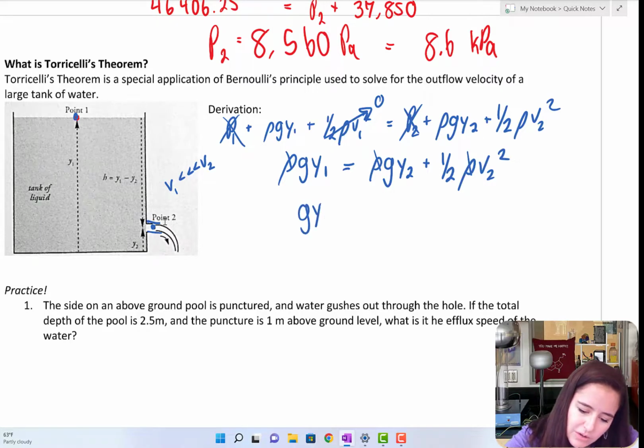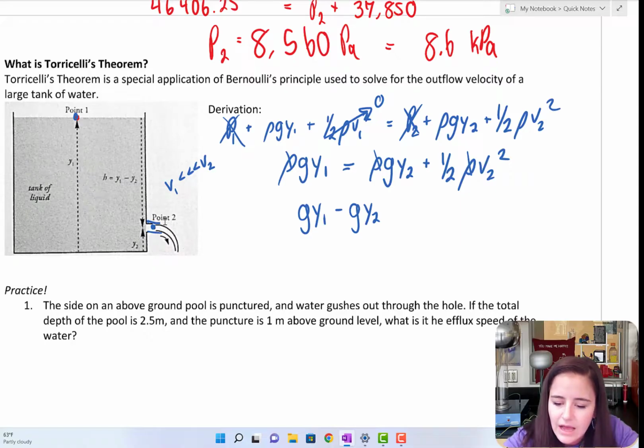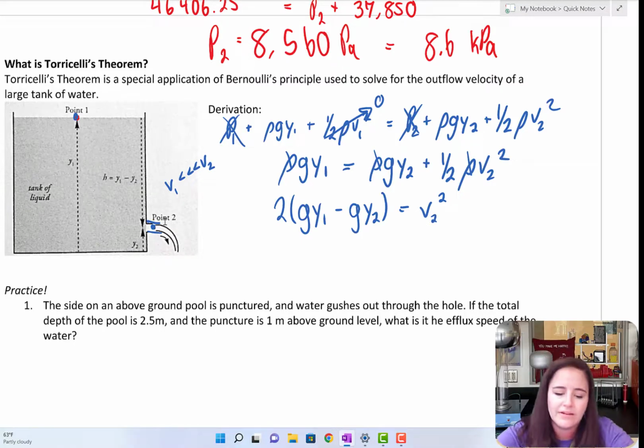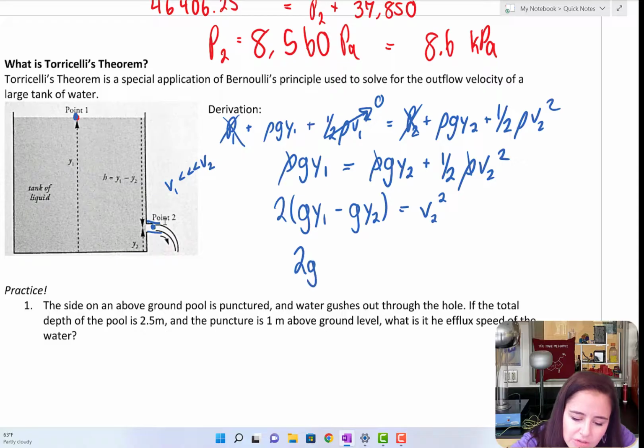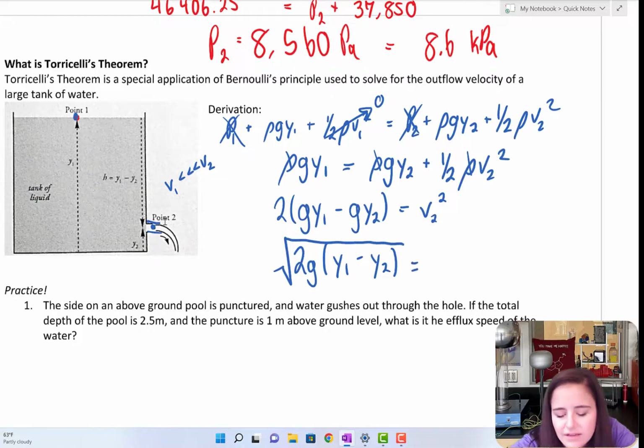So I have g y1 minus g y2. I'm trying to isolate the v, so I'm going to move the 2 over as well. So I have 2 times (g y1 minus g y2) equals v2 squared. I'm going to go ahead and factor out that g. So 2g times (y1 minus y2), and then the square root of it equals that outflow velocity.